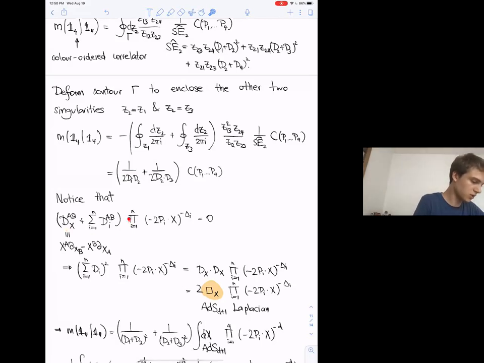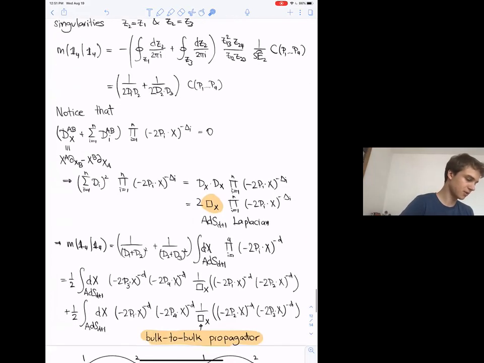So what you notice is that the bulk-to-boundary propagator is invariant if you rotate both the P and X. So that allows you to rewrite these conformal generators in P as conformal generators in X. And now whenever you have some term like a sum of some D's squared that hits these bulk-to-boundary propagators, as they do in the contact diagram, then you can always convert it into this \partial_X \cdot \partial_X, and \partial_X \cdot \partial_X is, up to a factor, nothing else than the AdS_{d+1} Laplacian.